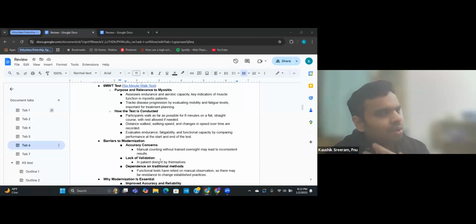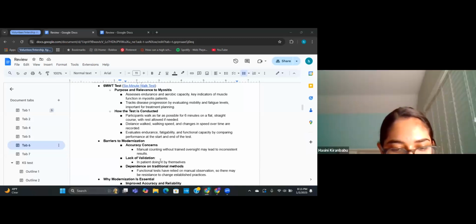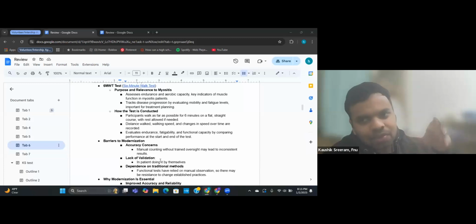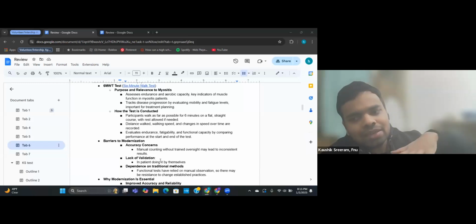So think logically. We are trying to convey how we are modernizing the 6 minute walk test in myositis. The 6 minute walk test has already been modernized for other diseases. And if in myositis you are also measuring the same way, then all you say is implement what they have done over there, over here.